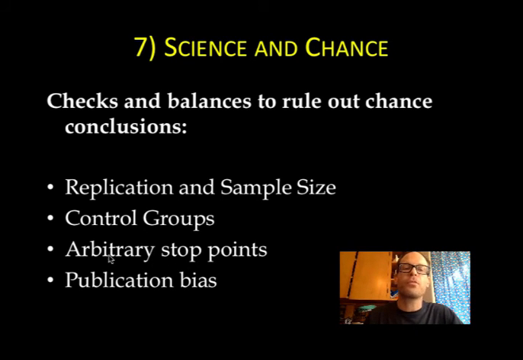But those types of arbitrary stop points are effectively a way of cherry-picking data. Once you're not getting the hits that you like, then you stop testing, and that will over time affect your results. You'll get more positive results because you're refusing to test when you're not getting those results. Don't worry about it if it doesn't make a ton of sense, but it is just a general point.